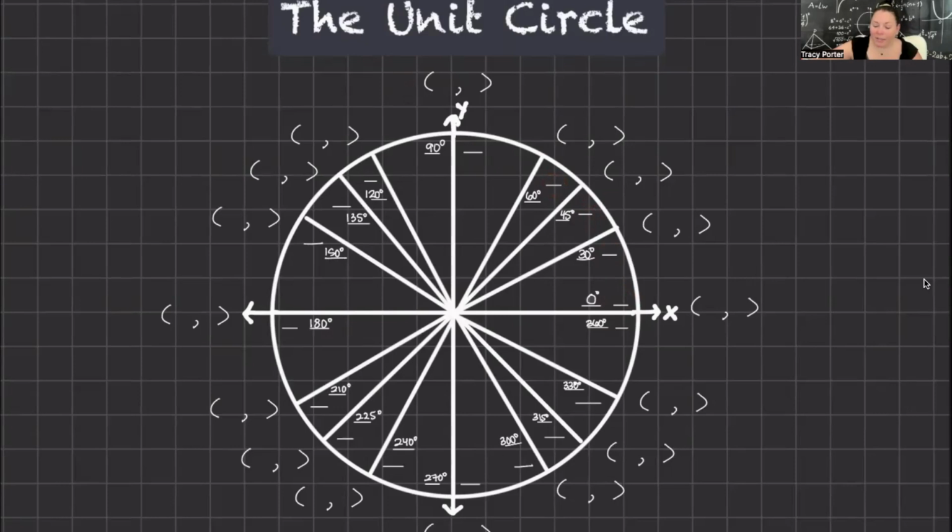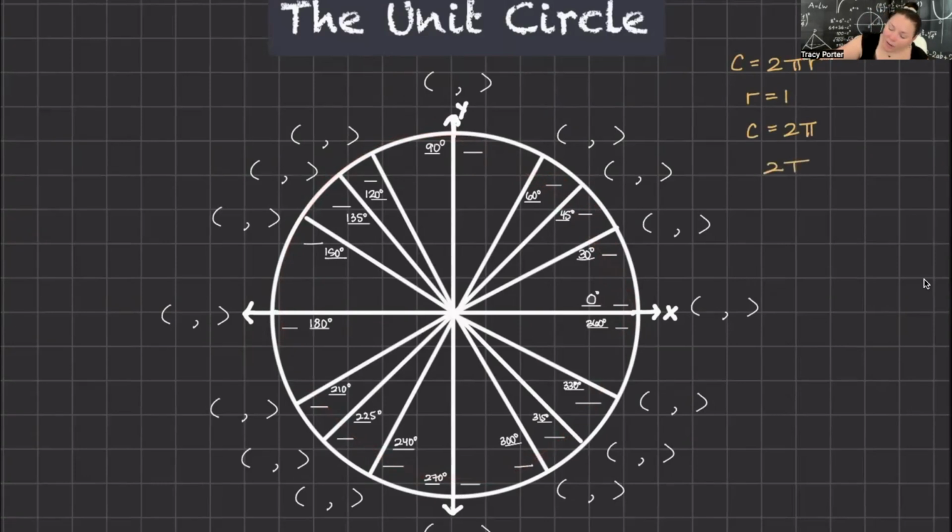One thing that you definitely need to know is that we know the circumference of a circle is 2 pi r. But in this case, since we said it's a unit circle, we know r equals 1. So the circumference of the circle is 2 pi. We also know that if you do one full loop around the circle, you get 360 degrees.